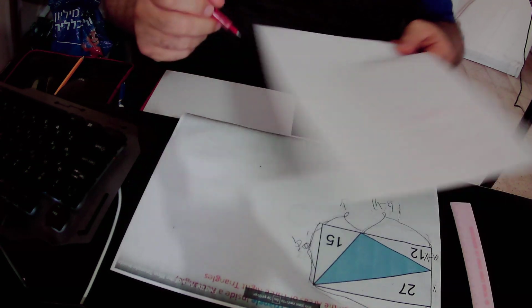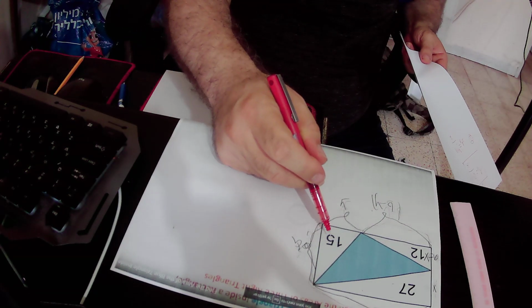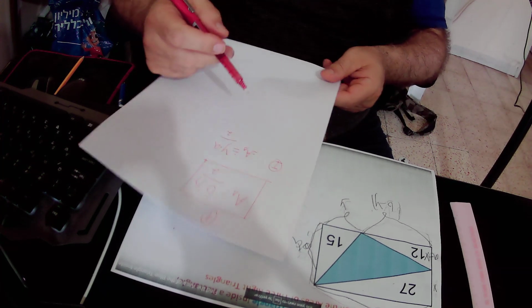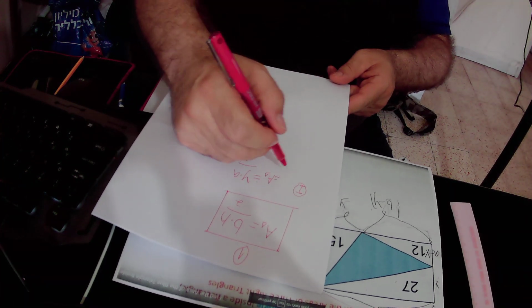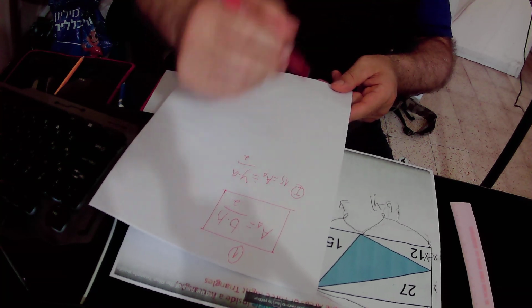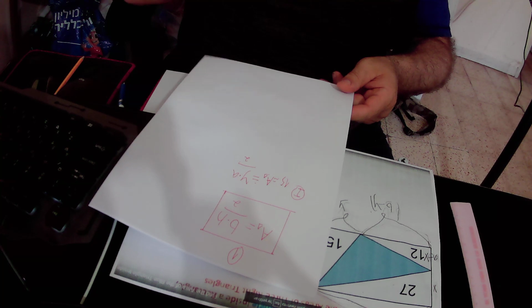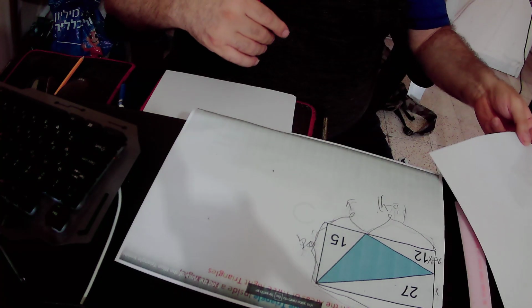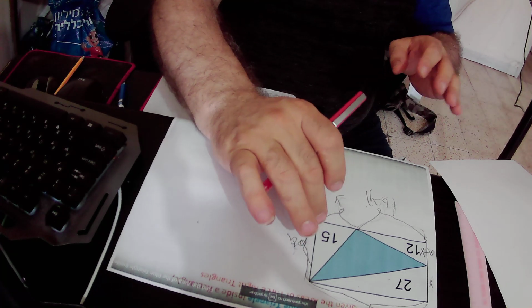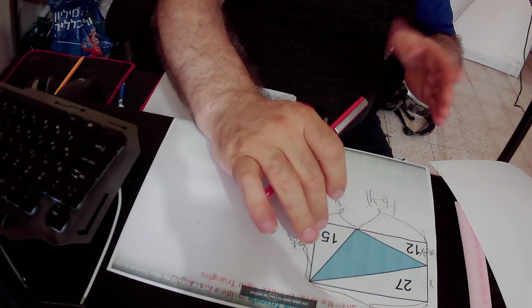But we know that the area is 15 units. It is given. So instead of the area, we can write 15. So we finished with the area of this triangle. We created the formula for the area.